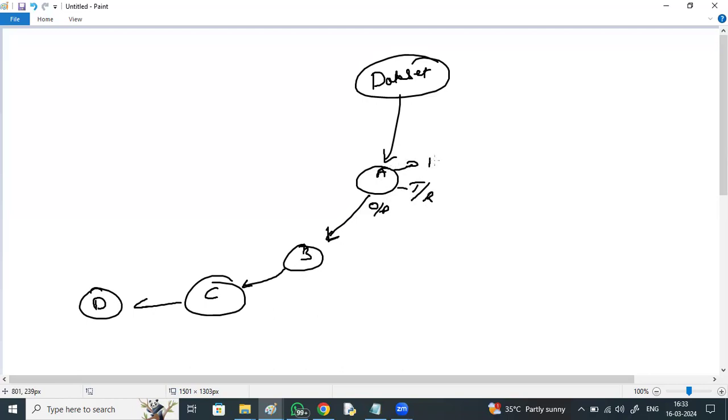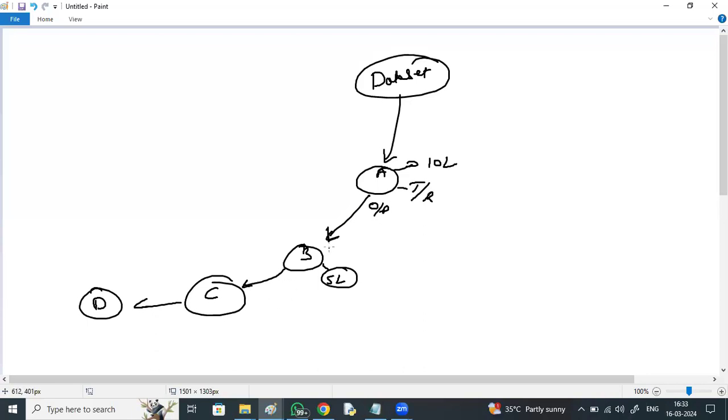A has 10 lakh records. After performing some filter transformation, B will have 5 lakh, which means 5 lakh got filtered. On that, you apply some map or flat map transformation.